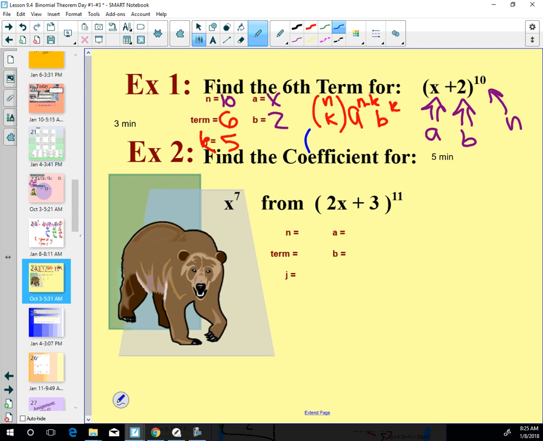So 10 choose 5, a, which is x to the 10 minus 5, times b, which is 2 to the 5. Now to get 10 choose 5, take your calculator out.